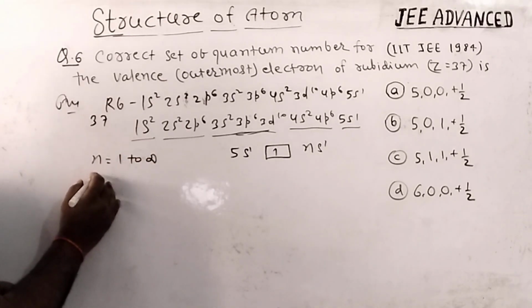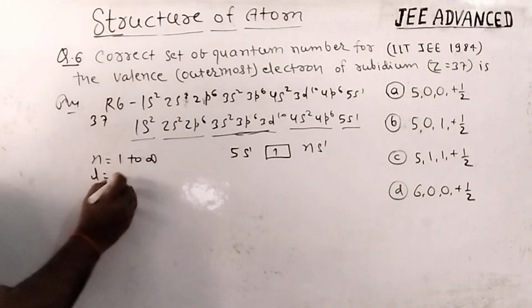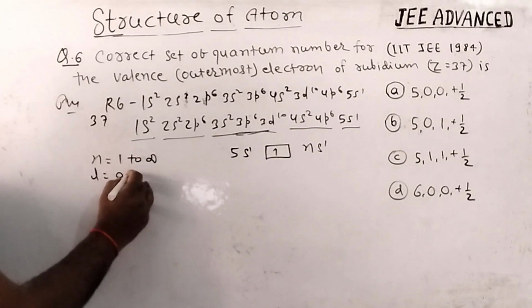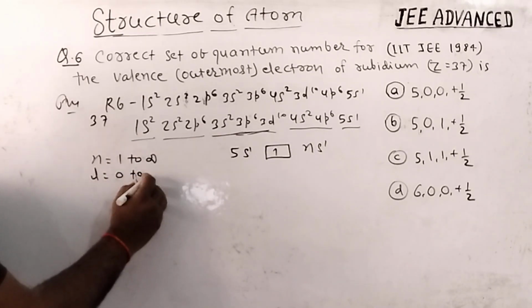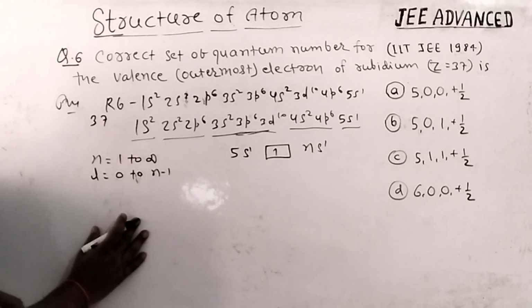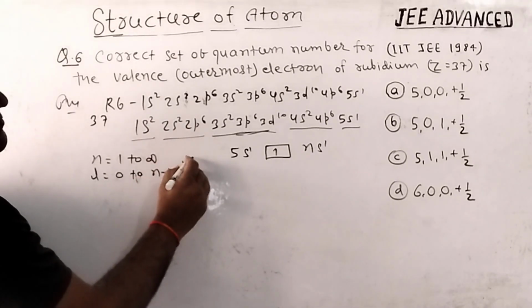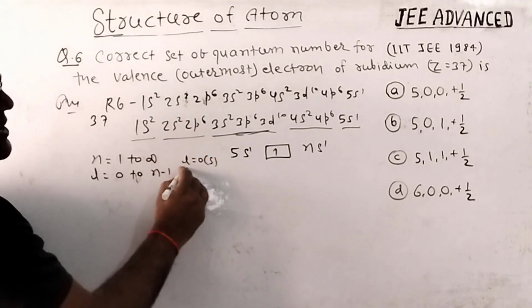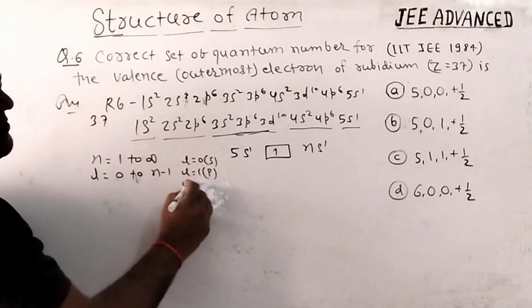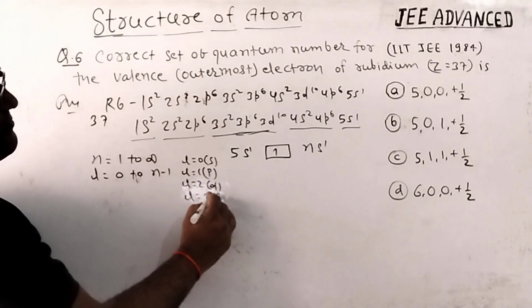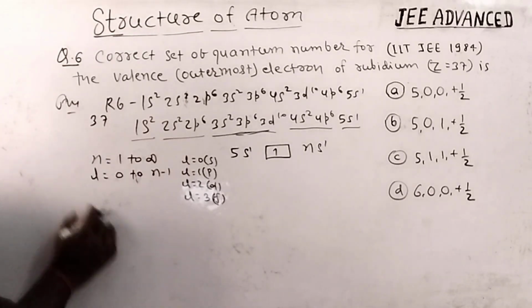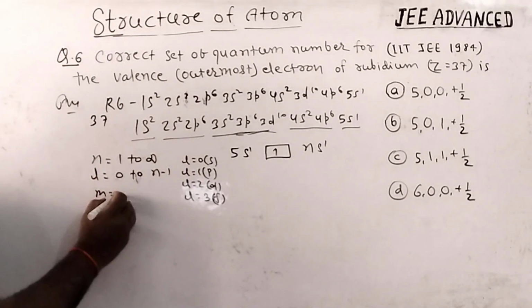n is the principal quantum number, l is the azimuthal quantum number or secondary quantum number. The value of l is 0 to n minus 1. l is equal to 0 for s, l is equal to 1 for p, l is equal to 2 for d, l is equal to 3 for f. Now m is the magnetic quantum number.